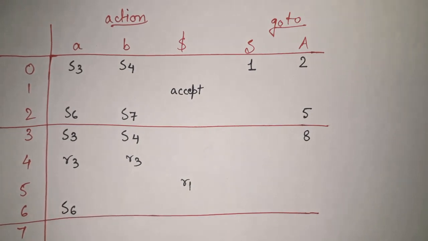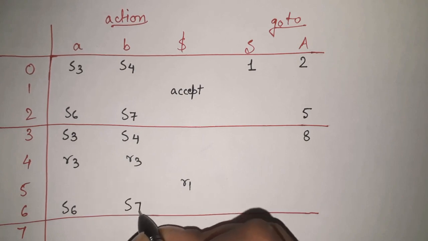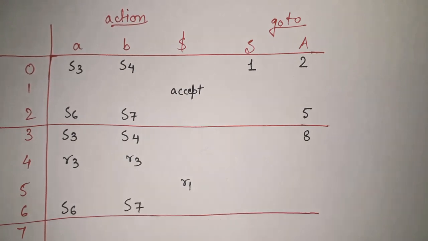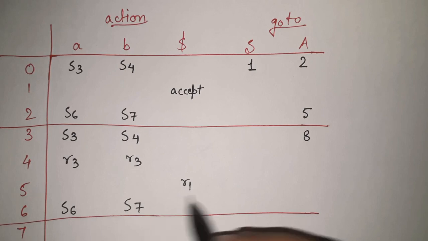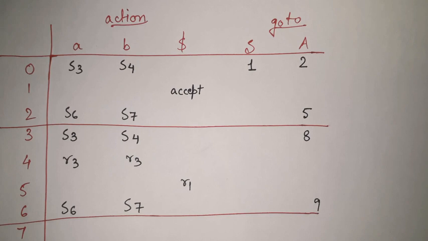From 6th state on small b we are going to 7. And from 6th on capital A we are going to 9. Fine. Now 7th state is again reduction state, that is A gives small b, so R3. So I have to write R3 where? On dollar. R3 on dollar, that's it.